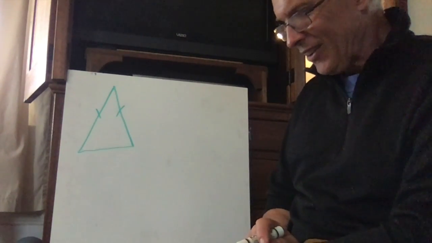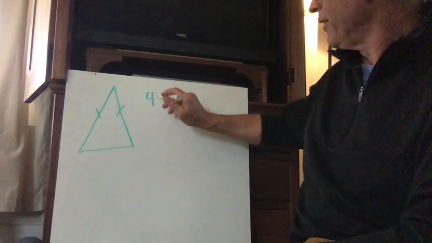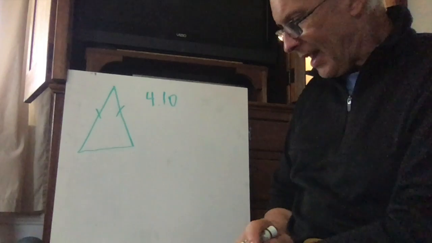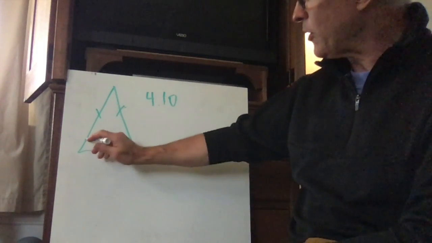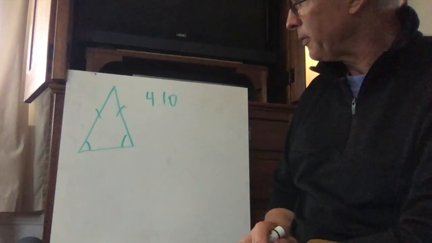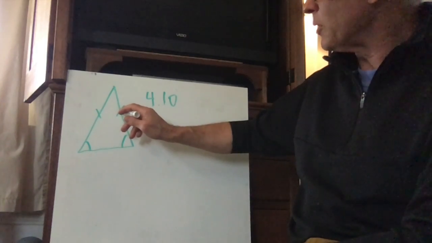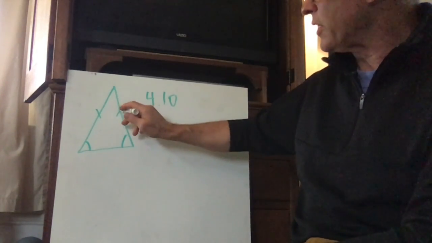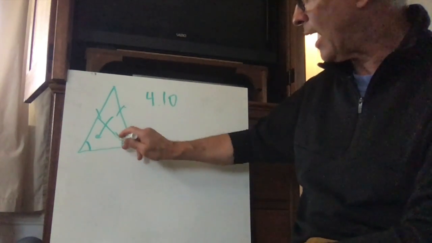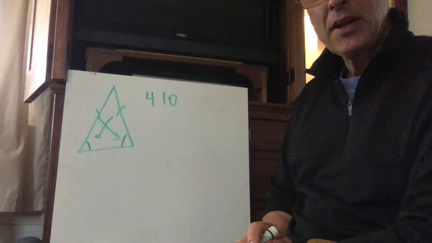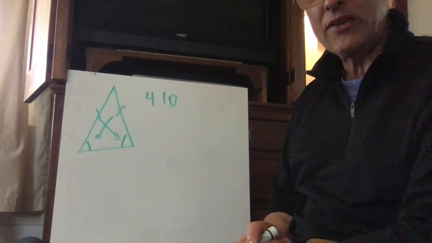Okay, so it's theorem 4-10, and it says that if two sides are equal, then you know that the base angles are going to be equal. The other way they can talk about it, I think in your book, is if these two sides are equal, then the opposite angles are equal. So they're talking about that angle and that angle. Either way, if the two sides are equal, then the base angles are going to be equal.